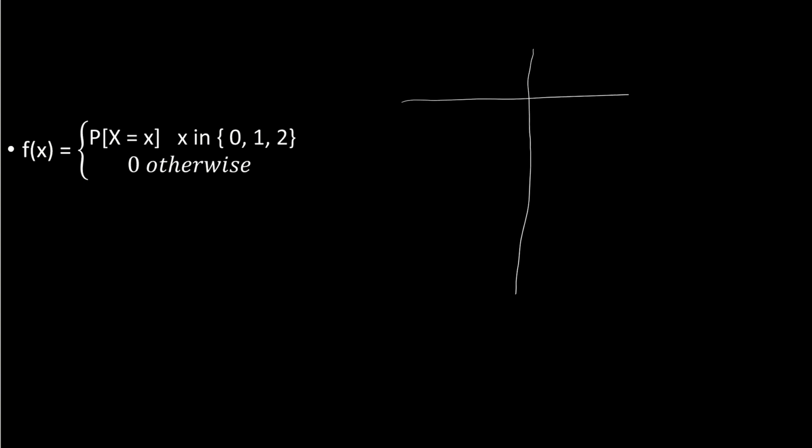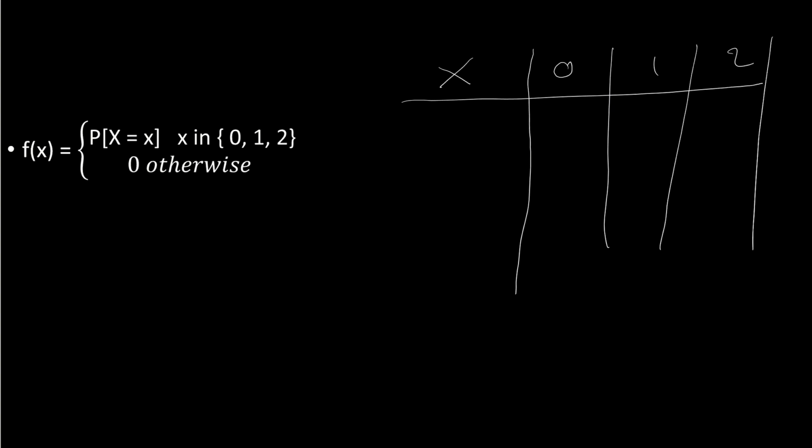What you have here is x, the possible outcome of your variable of interest. You can get 0, you can get 1, you can get 2, right? And this is going to be the probability p of x. The probability of getting 0 heads was 1 over 4.